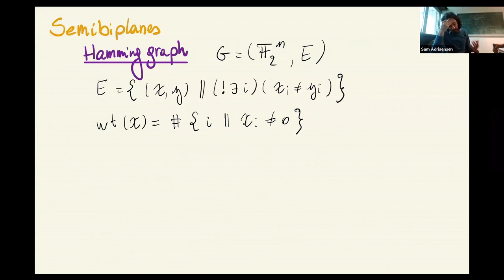And you can interpret this as the incidence graph of some incidence structure. And it's not that far from being a symmetric design. So we get this semi-biplane, where 2 points are contained in either 2 blocks or 0 blocks.